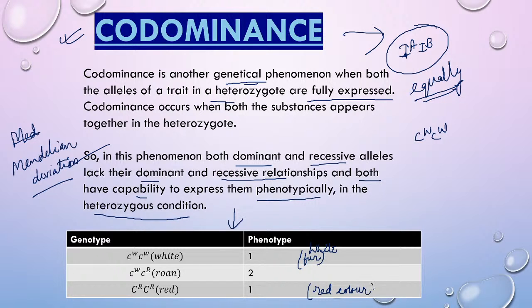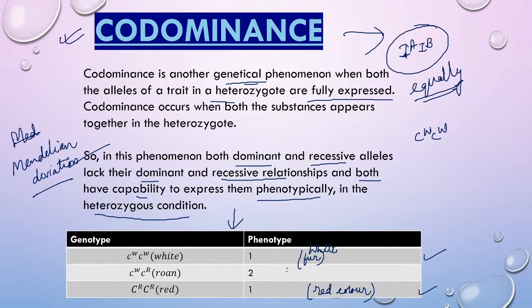In case of the cow, we can find white cow, we can find red cow, and then what happens when a fully white fur cow or a fully dominant white cow was crossed with a homozygous red cow, then what do we obtain?